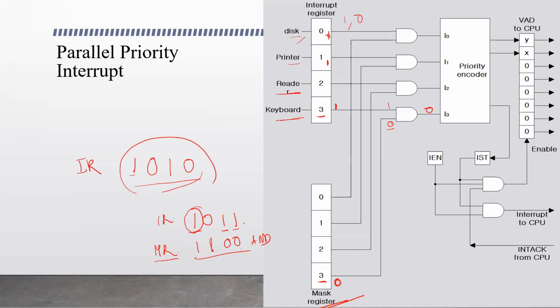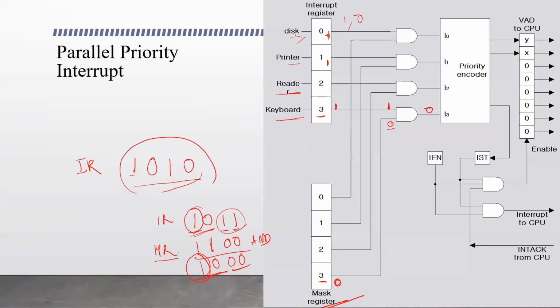When the AND operation is performed on these two, we get this 0. And here it is 0 and 1. These two remain as they are in the interrupt register, but these two bits are cleared. This way the CPU can service the highest priority device. So the use of the mask register is to mask the bits of the lower priority devices.